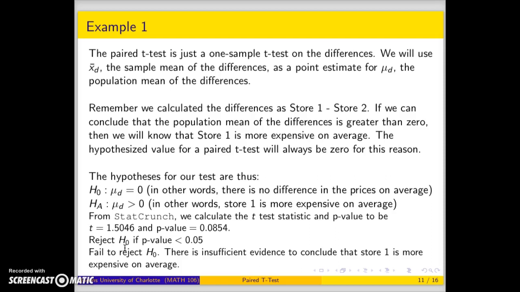And our p-value is greater than 0.05, so we fail to reject H0. There is insufficient evidence to conclude that store 1 is more expensive on average. And remember, we are inferring to the population. We know what the sample looks like, so what we want to know is about the population. And this is always going to be true.